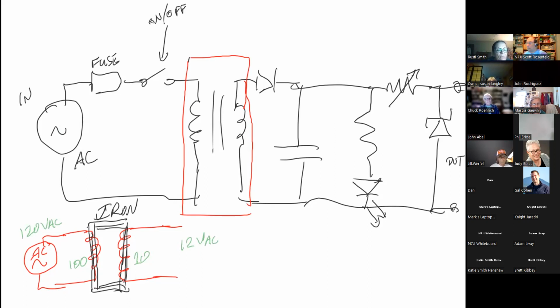That would be known as a step-down transformer. If we were to change that ratio of turns and make this 1,000 turns, we would actually get 1,200 volts AC on that side, just by changing the ratio of the number of turns of wire around that core.